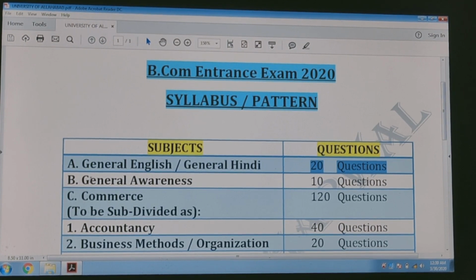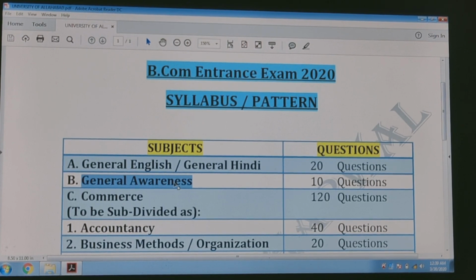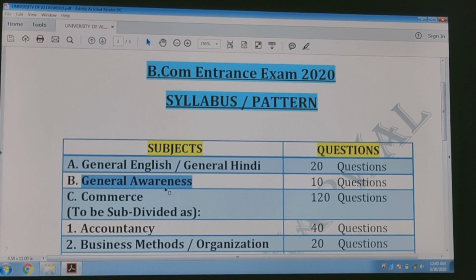Moving on to the next part, which is general awareness. You can also call it general knowledge, and some part of current affairs will also be included. The questions will be related to sports, movies, Bollywood, current affairs like the current scenario of the Indian economy, and some history and geography.